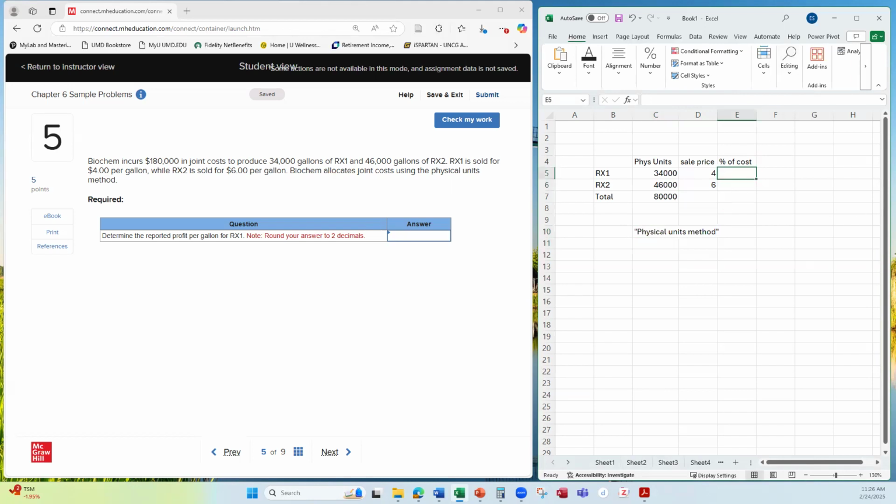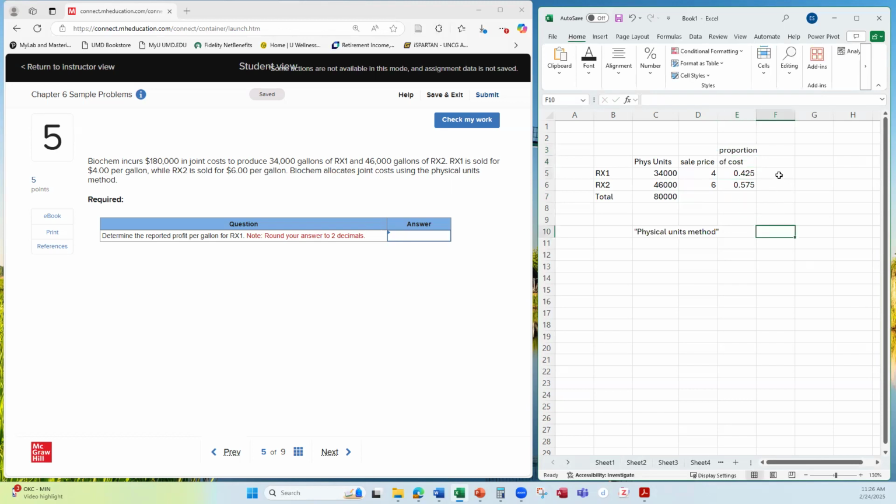So here, we are going to have 34,000 divided by 80,000, which is 0.425 or 42.5% of our units. And here we're going to have 46,000 divided by 80,000, which is 0.575 or 57.5% of the cost. Maybe I'll label this proportion instead of percent since I have it in a decimal point here, just to make that a little more clear.